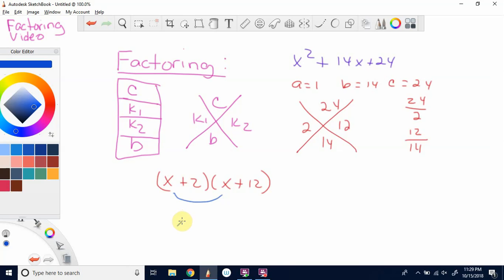So first times first, outer times outer. Don't forget about your signs. This one was an easy one because it was all positive. Inner times inner, and last times last.